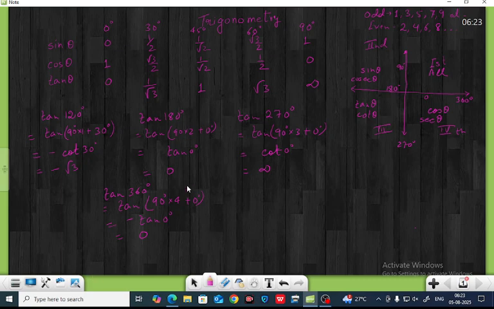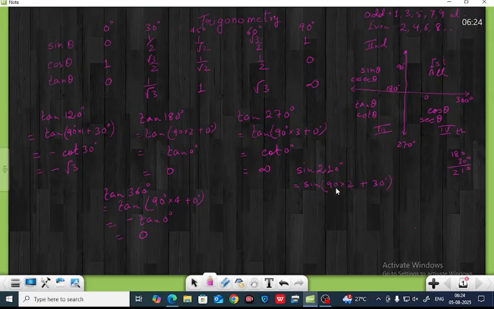In this way, you can find any value of sine, cos, tan, all the values. Suppose you want to find the value in the third quadrant, that is sine of 180 degree plus 30 degree, which is 210 degree. Sine 210 can be written as sine of 90 degree into 2 plus 30 degree.